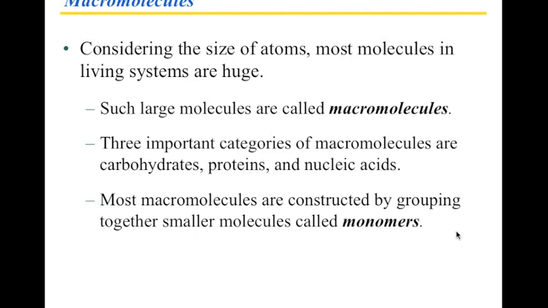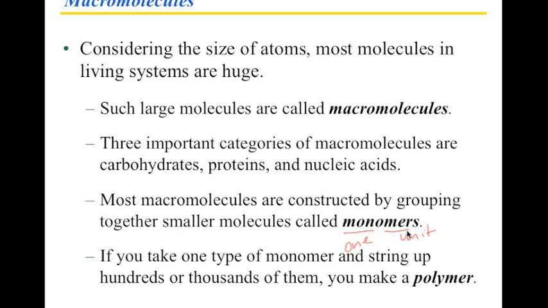Monomers are the subunits of these, and when you look at that, mono means 1 and mer means unit. So monomers are the single units of these larger molecules. And then basically what we take is some of these monomers, we string them up, we can put hundreds or thousands of them together, and if we do that, then we make a polymer.